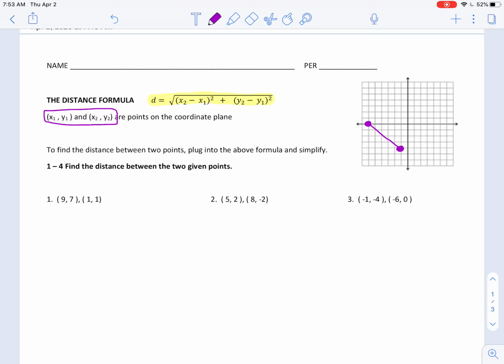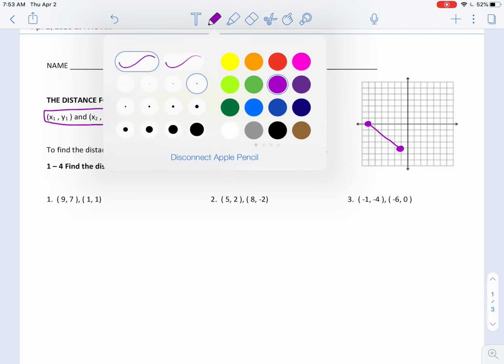When we plug into our distance formula, we subtract the x coordinates, x2 minus x1, and then square that, plus subtract the y coordinates, y2 minus y1, and square that. So for every one of these questions, we're going to be finding the distance between 2 points by plugging into this formula and then simplifying.